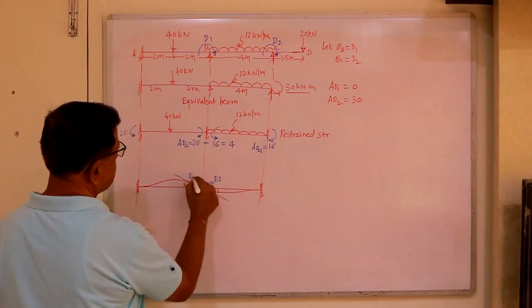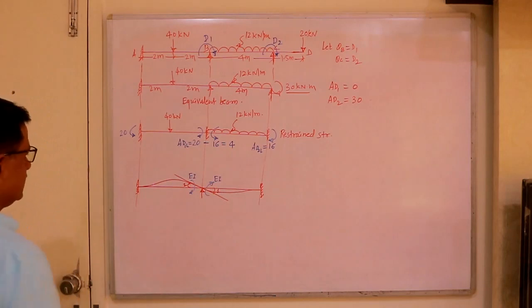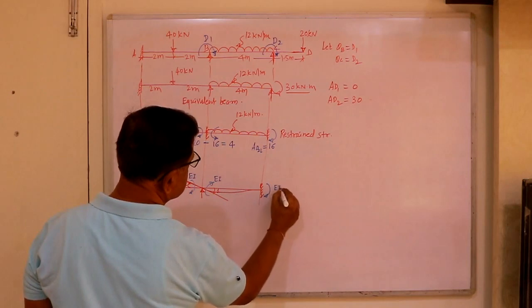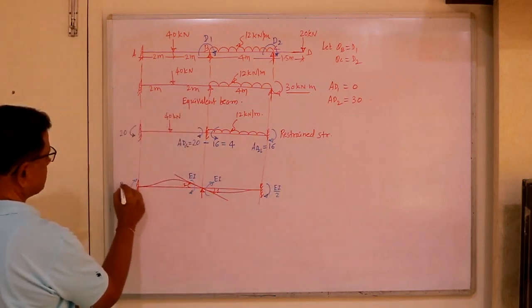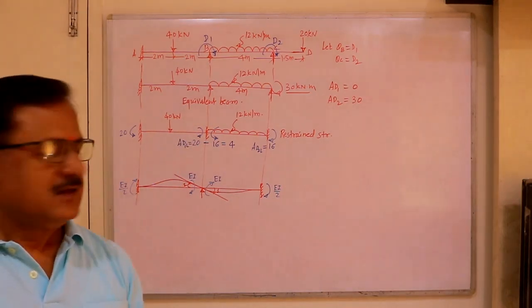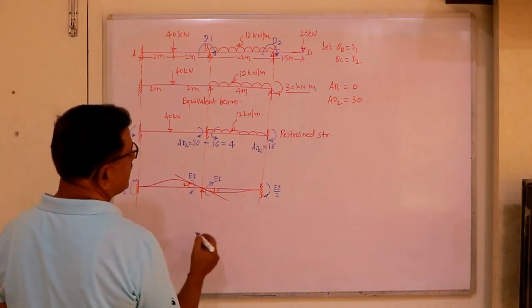Here also 4 EI by L. So L is 4, and further the far end is half of this, that is EI by 2, and here also half of this, EI by 2, with the same nature. Now what are K11 and K12?